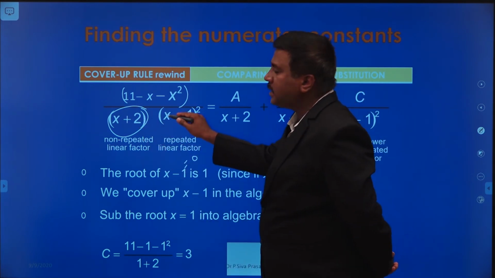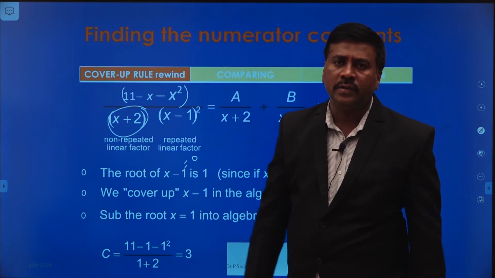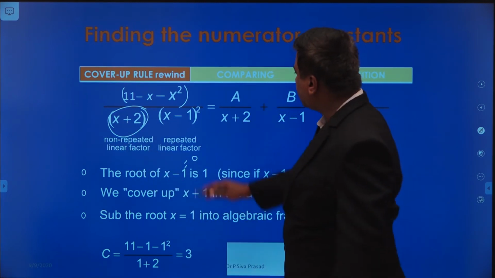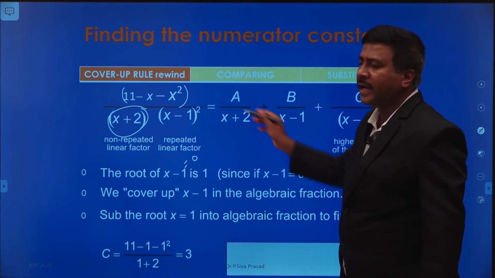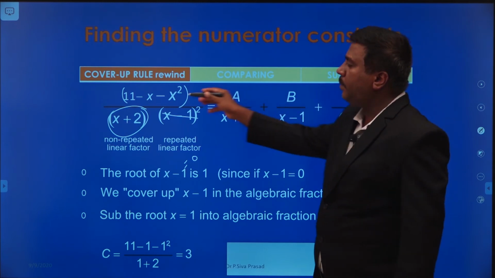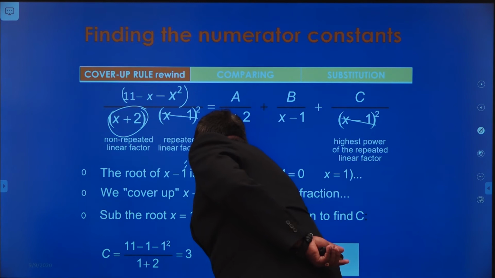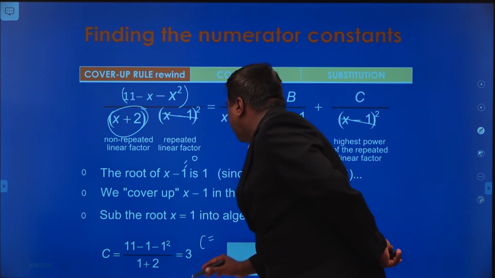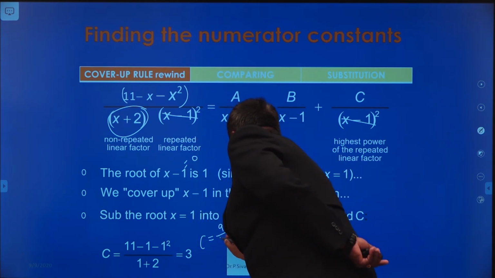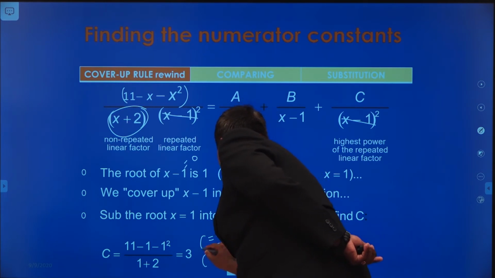If you put x equal to 1, automatically the denominator value is 0. In that place there is no need to substitute, because that term is automatically cancelled. Then directly the C value is obtained. Therefore C equal to 11 minus 1, that is 9 by 3. Therefore, the C value is equal to 3.